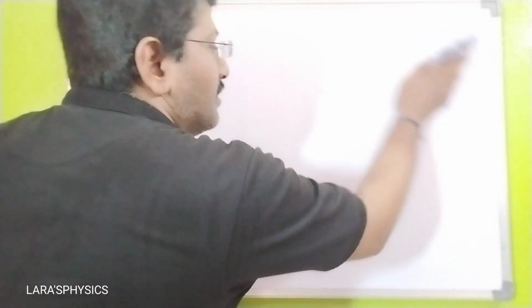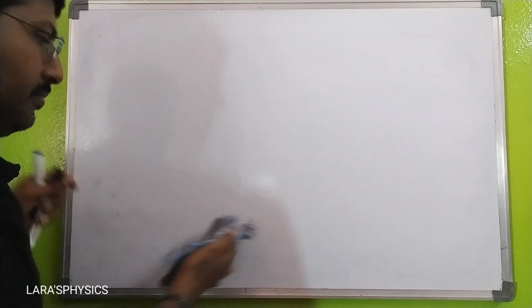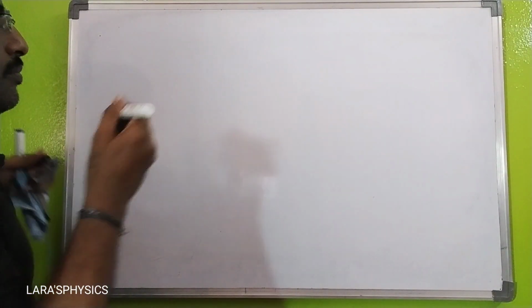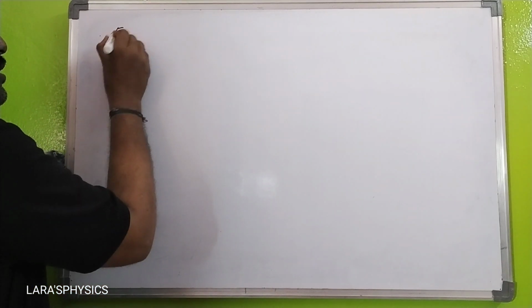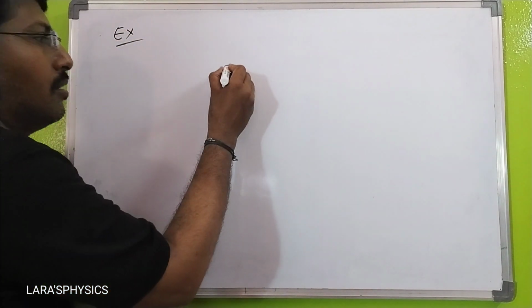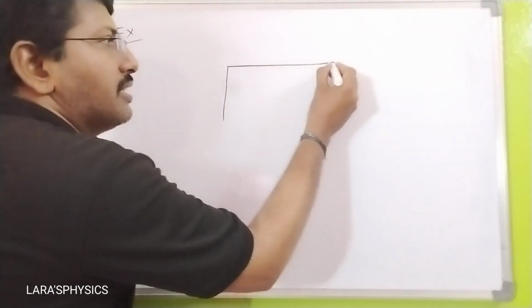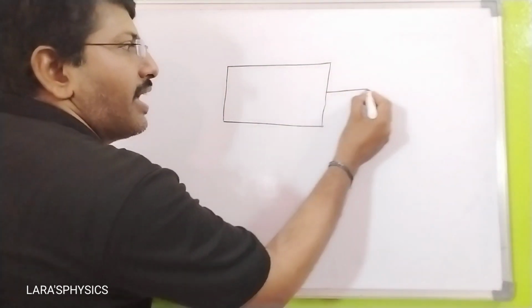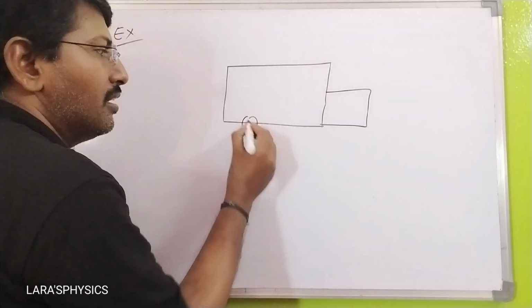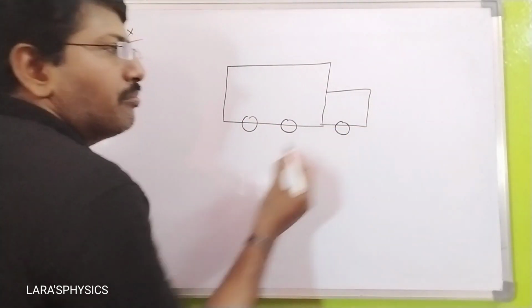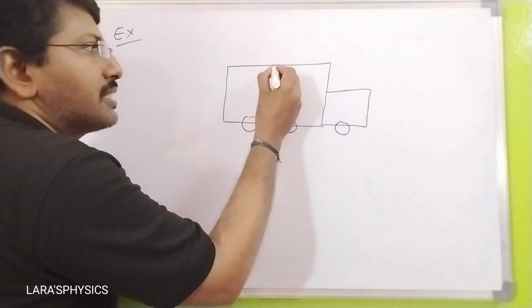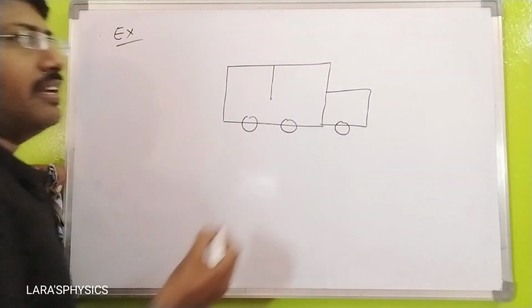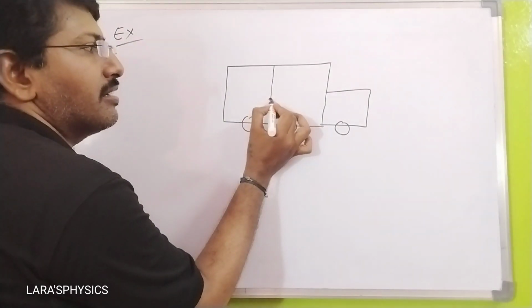Next, see here, this is the trolley. I take one pendulum suspended inside the trolley.